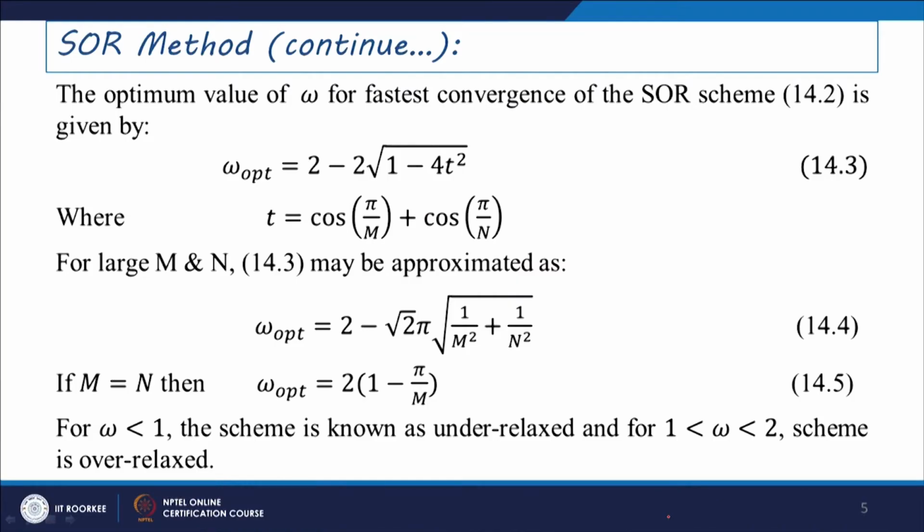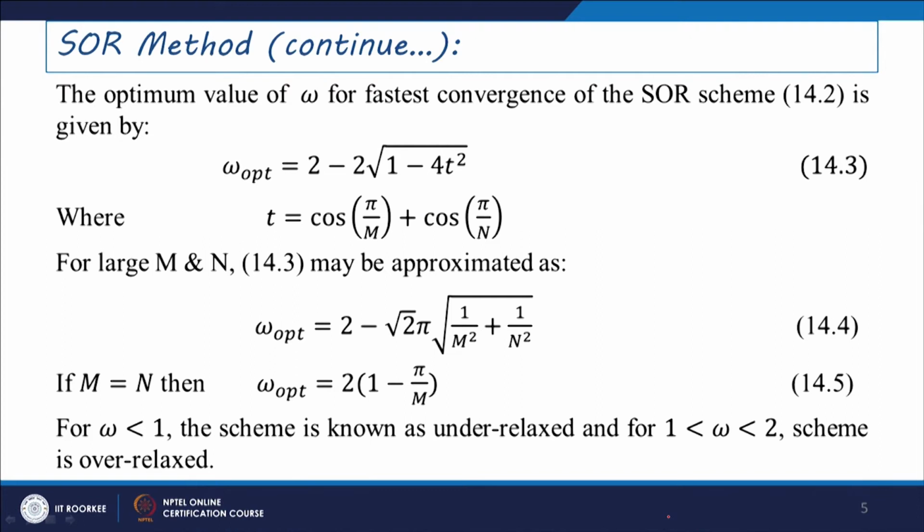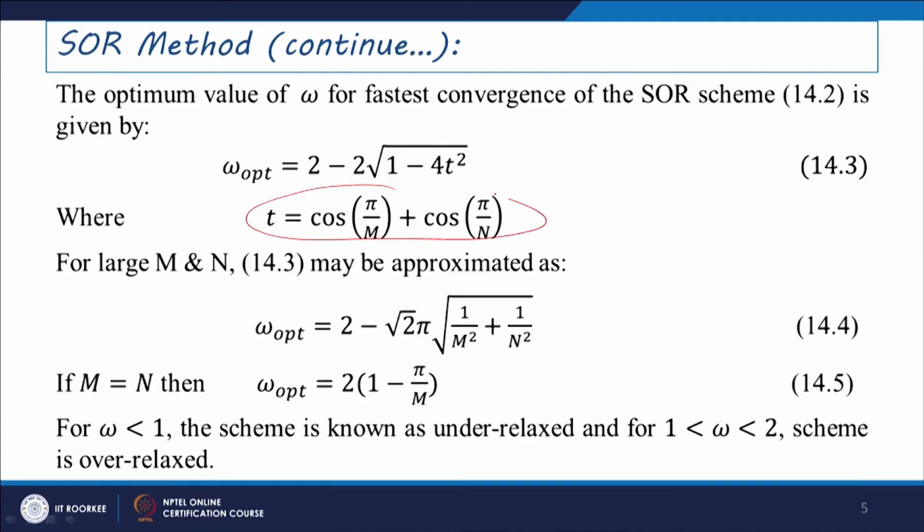So, how can we choose this omega value? That specifically depends on some scheme. I have written this scheme in direct form, since there are specified theorems for the determination of optimal omega values. The optimal value is omega opt equals 2 minus 2 square root of 1 minus 4 t square, which can be obtained from the eigenvalue calculation, where t is written in direct form as t equals cos of pi by m plus cos of pi by n.